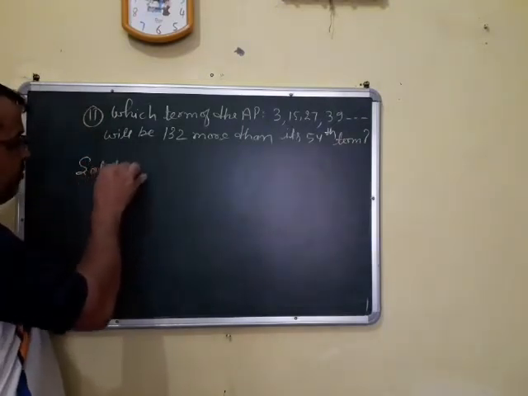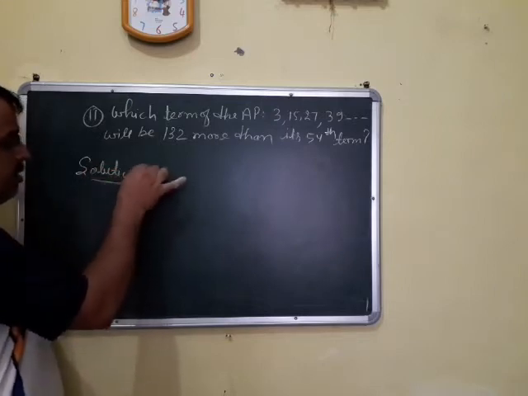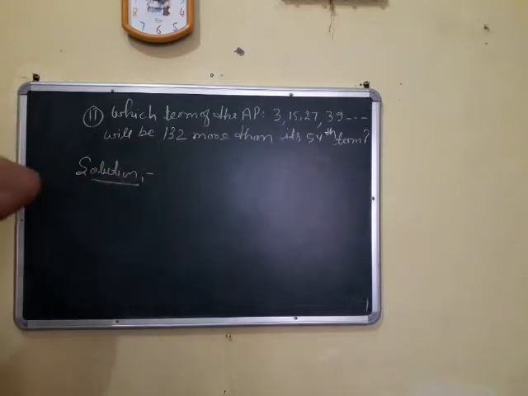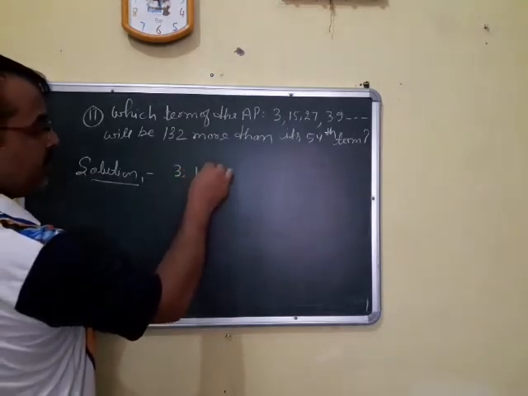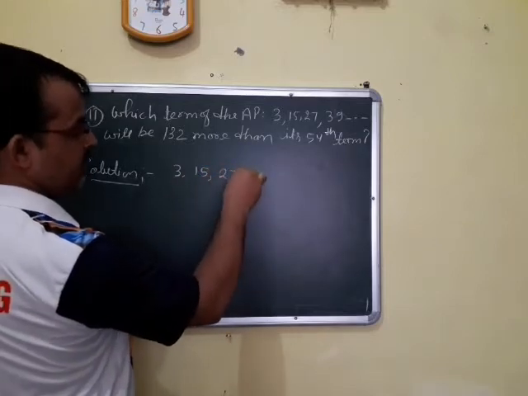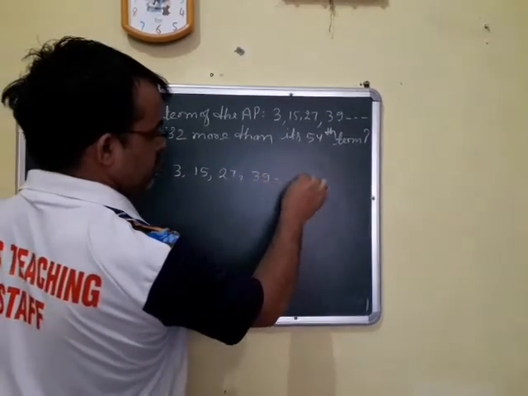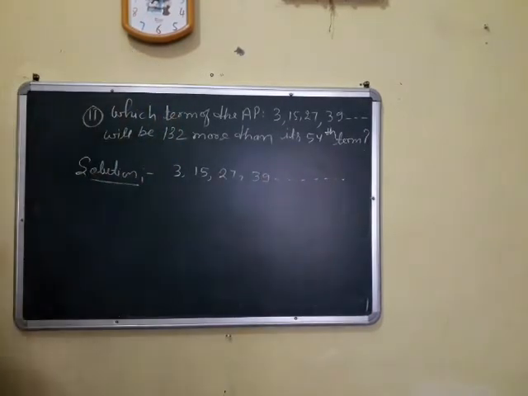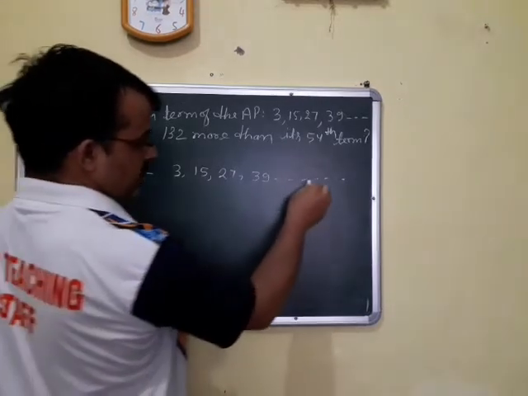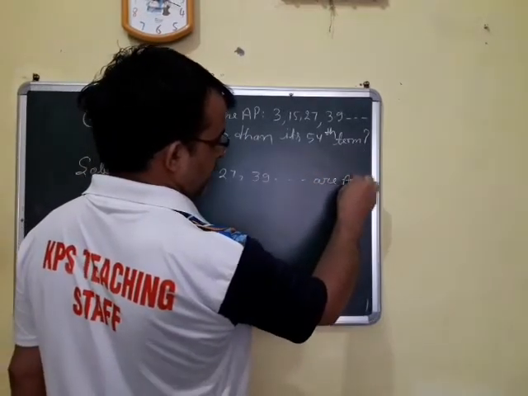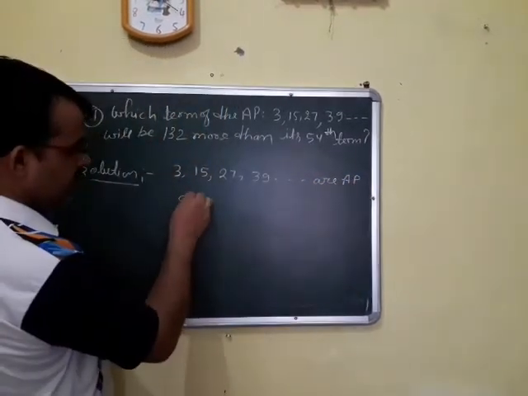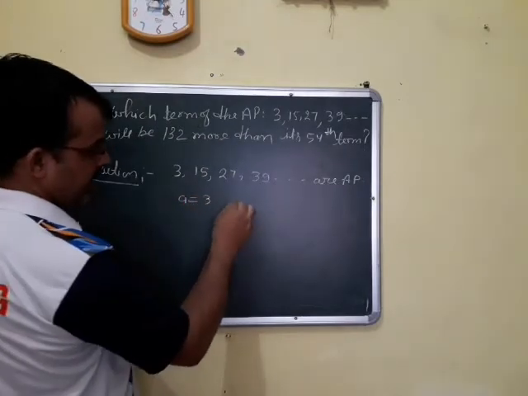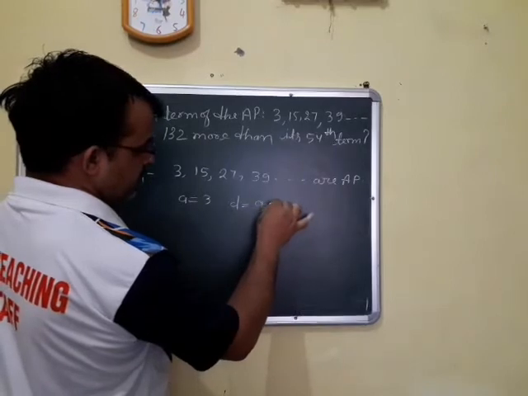Look at the solution of this problem. Now here is given the series. The sequence here is 3, 15, 27, 39. I think you have no doubt that these are in AP. ठीक, so A is given as 3, and D is given as A2 minus A1.